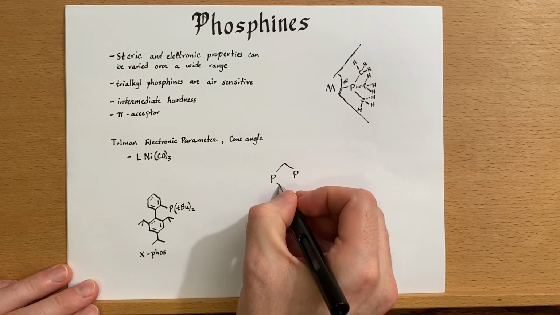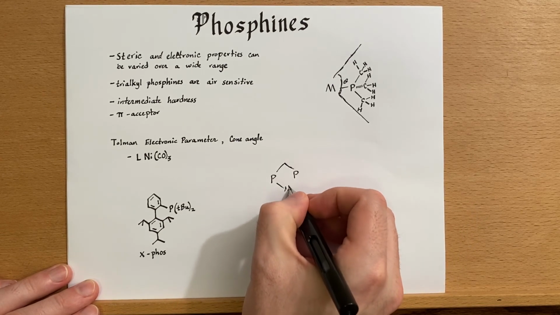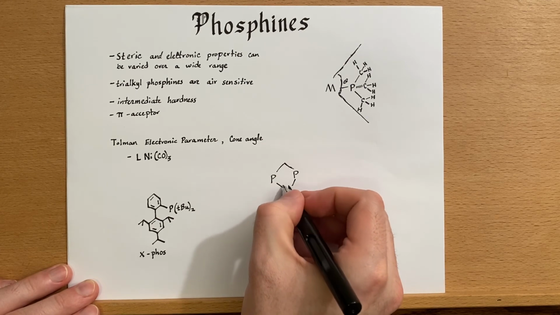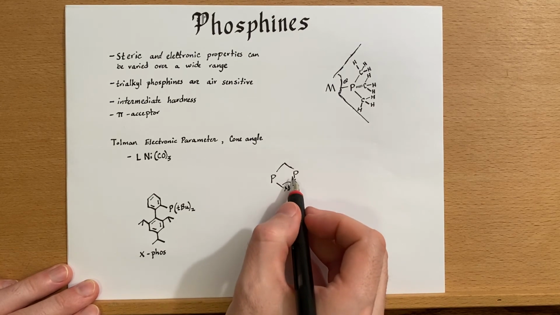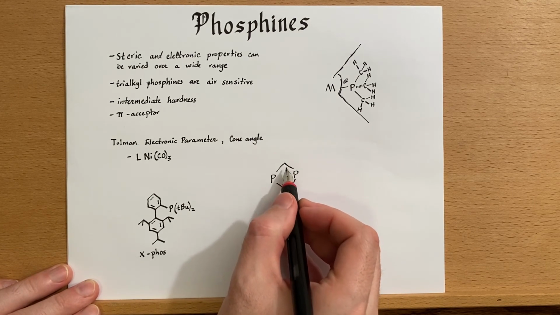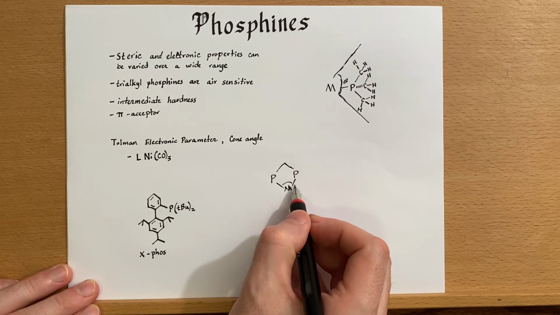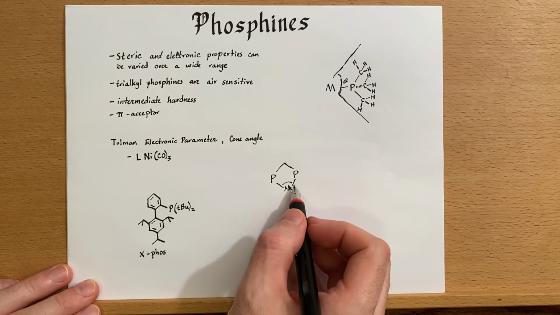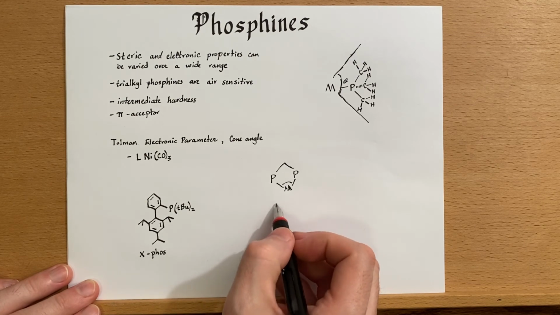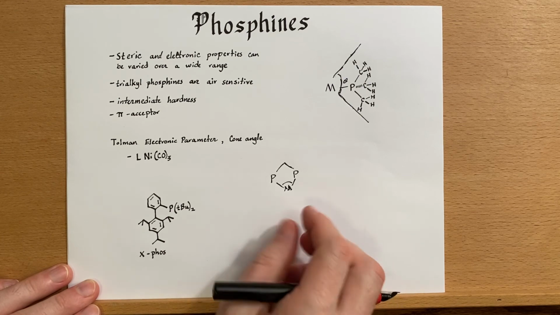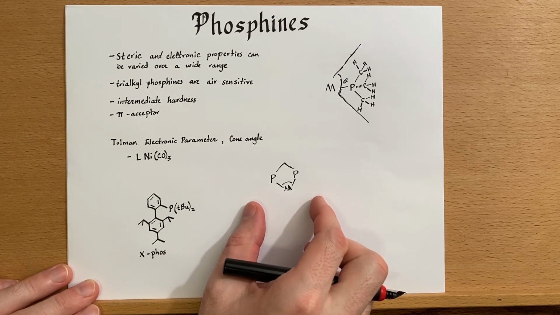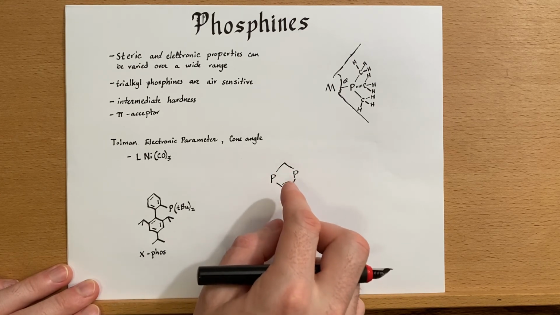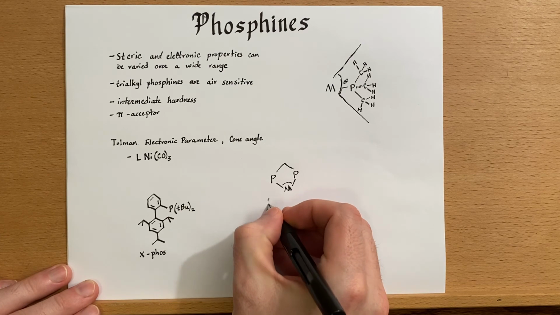And the bite angle is just determined by, we have our metal here, and there's our phosphorus, and then it's this angle here. So if I increase the number of carbons in between there, I can increase the bite angle. This has an effect on the orbital positions, which will also affect the orbitals on the other side of the metal. And so I can either spread those apart or bring those closer together by modifying the angle, or the bite angle.